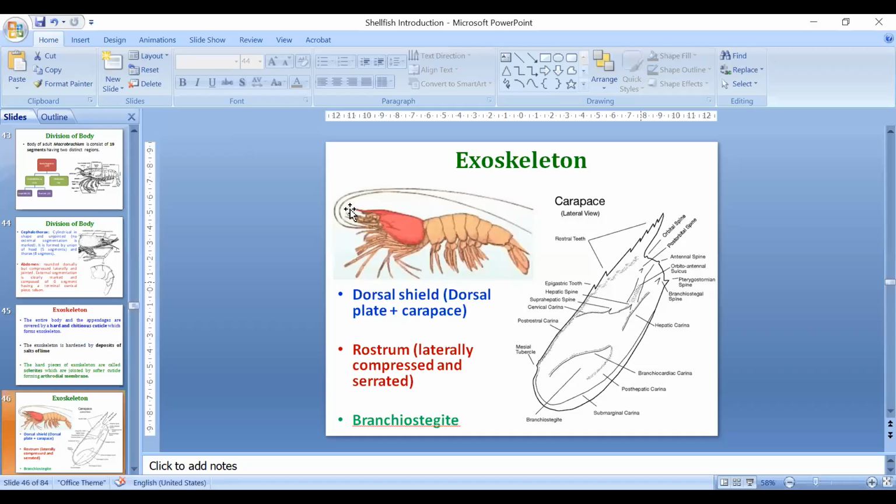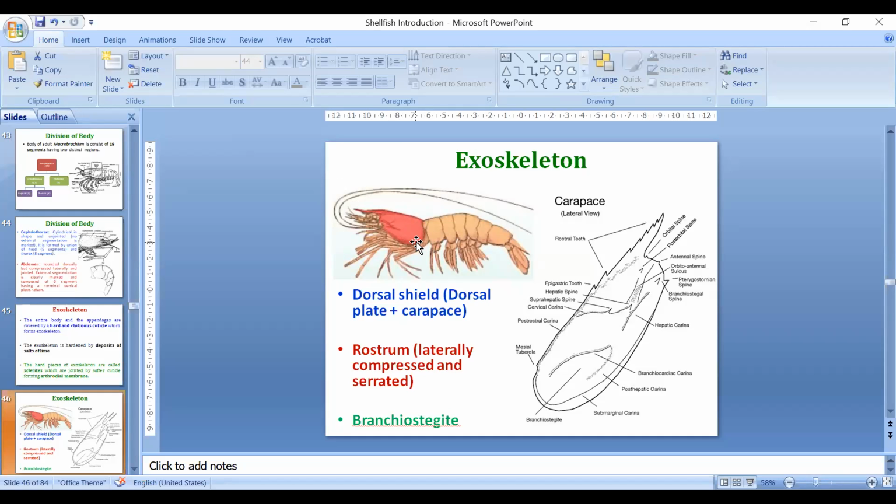From here to here, this entire part is the dorsal shield. The region which only covers the head is known as the dorsal plate, and the exoskeleton which covers the cephalothoracic region laterally, from both sides, is known as the carapace.